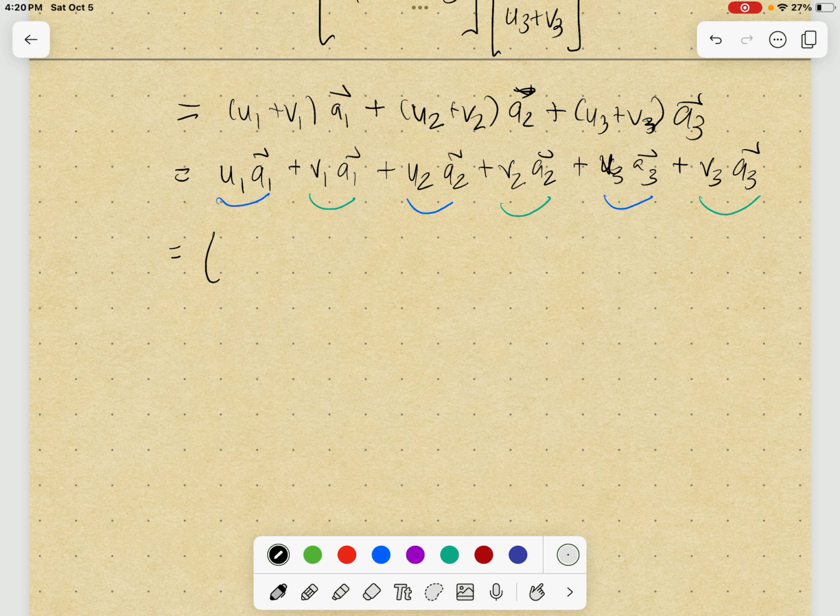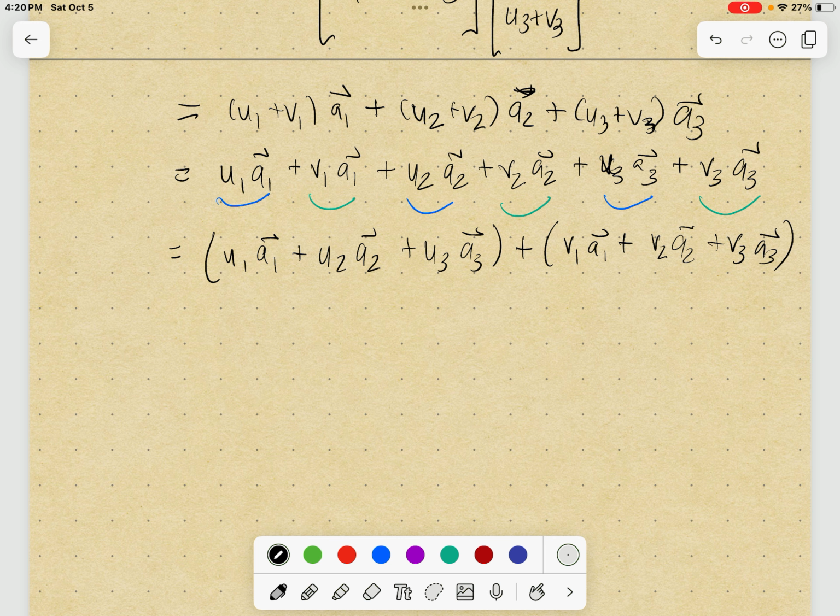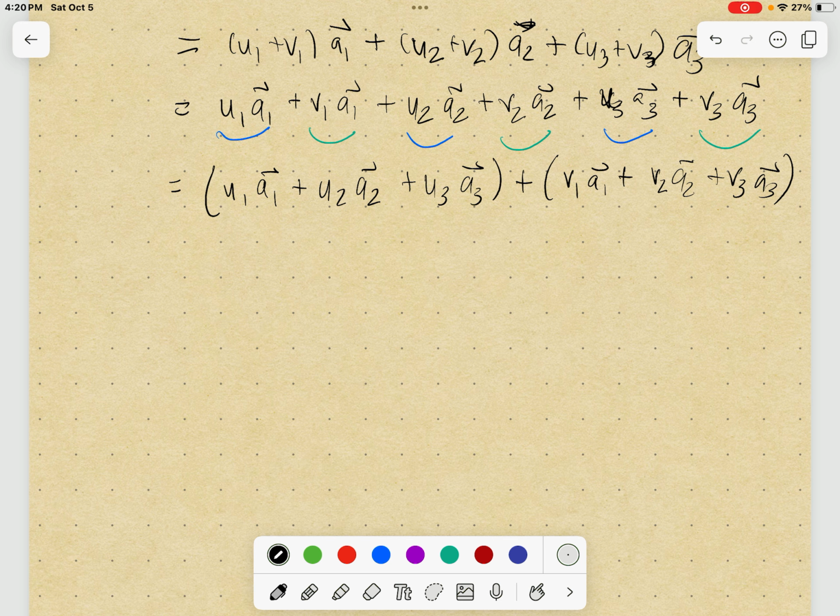So this is one step, I guess, to just rearrange the terms. So this is u1 a1 plus u2 a2 plus u3 a3 plus v1 a1 plus v2 a2 plus v3 a3. All I did was rearrange the order in which I'm adding the vectors.